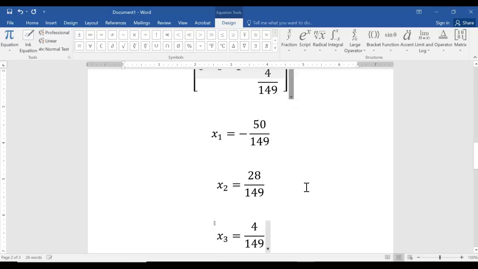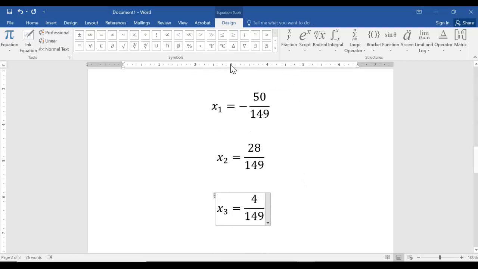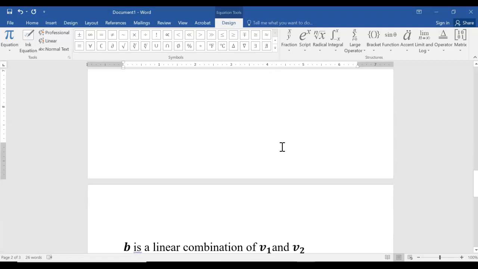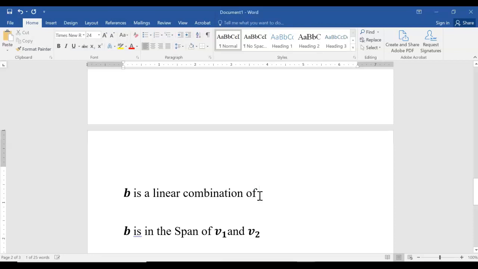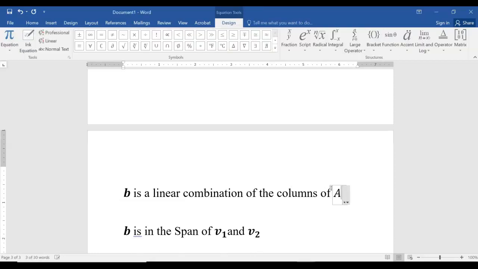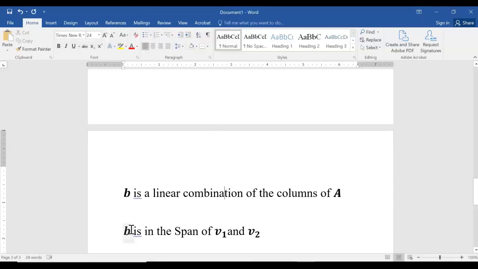So that's my solution. I do find a solution. Because I found a solution, what we know is that B is a linear combination of, in this case, since we weren't given specific vectors, the columns of A. Or B is in the span of the columns of A.